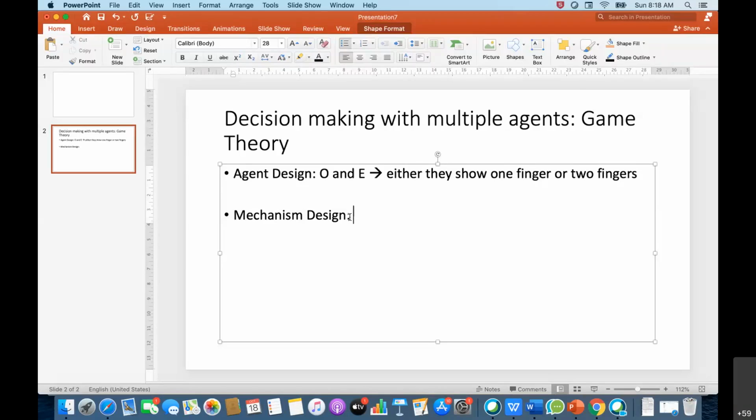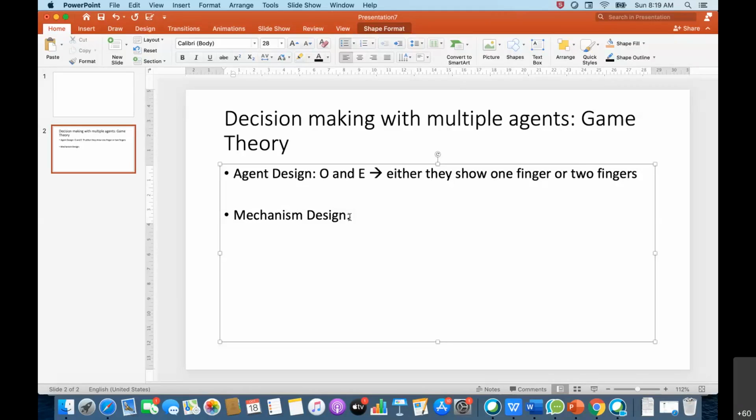O will win. That is, if 3 fingers are shown, E is going to pay O $3. If an even number occurs, that is either 2 or 4, then O is supposed to pay E that much amount. So this is the mechanism of the game.